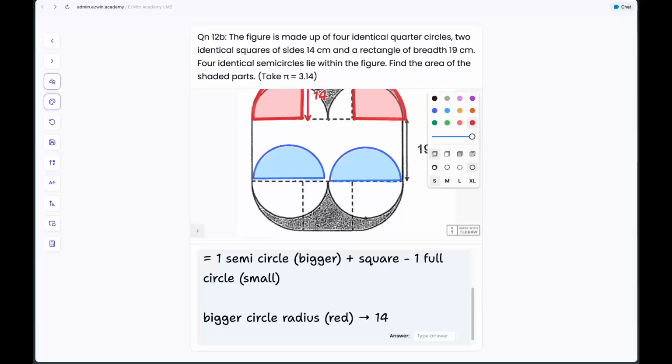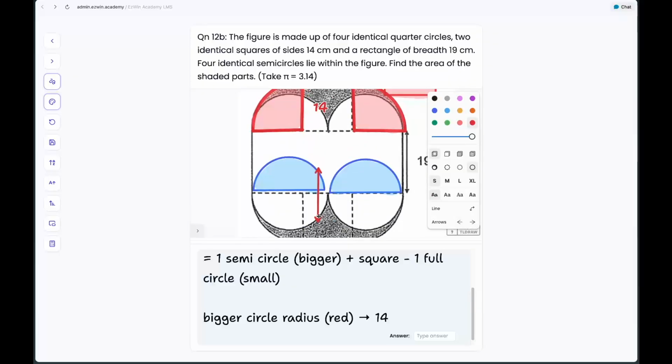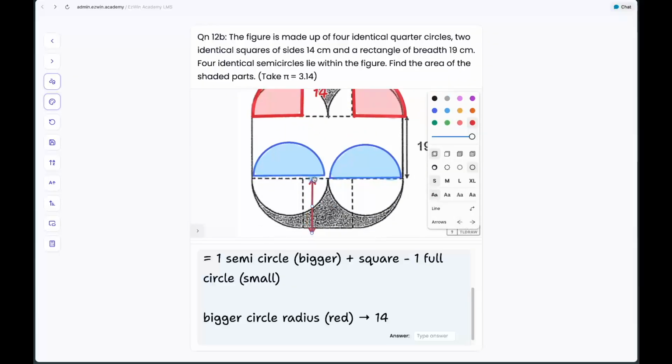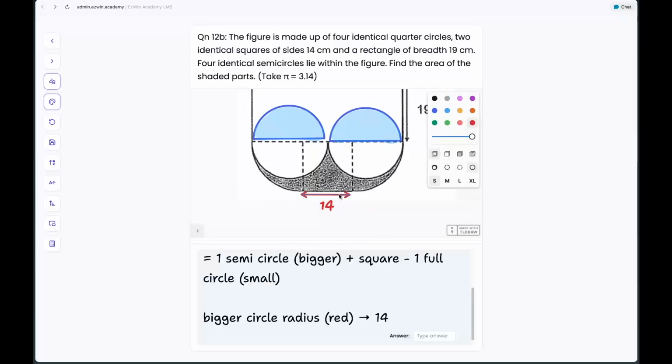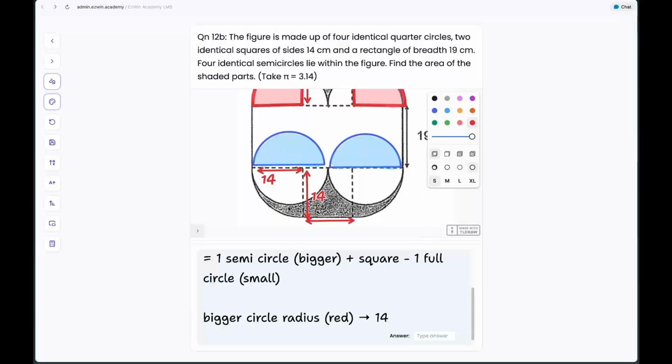Since the square is 14, and the quarter circle's radius is also 14, that means this is also 14, because the quarter circle has the same radius.